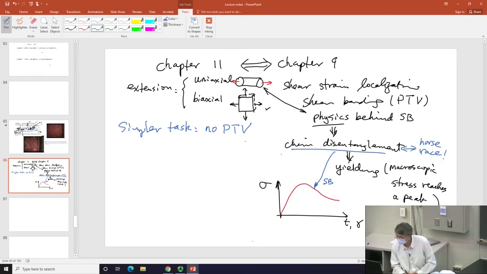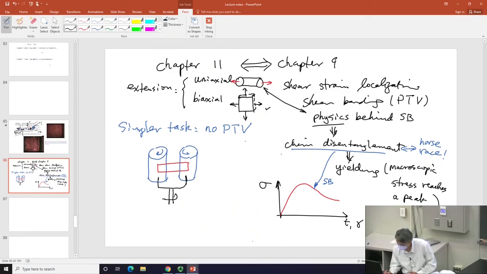But I told you that people do shear, don't do extension, and vice versa in the past until the man invented a device where you can put your sample, fix your sample onto the two rotating drums, and this is through some device connected to your rotational rheometer.